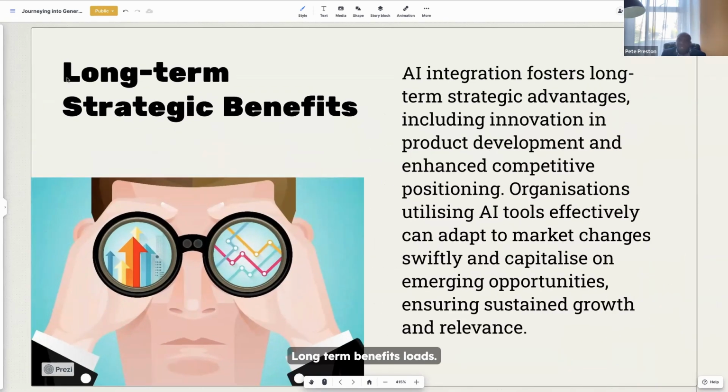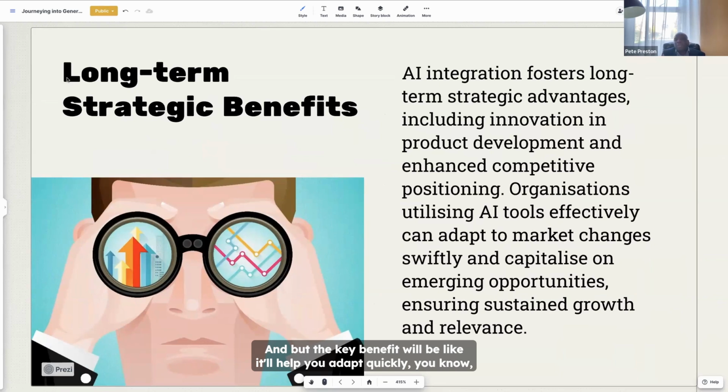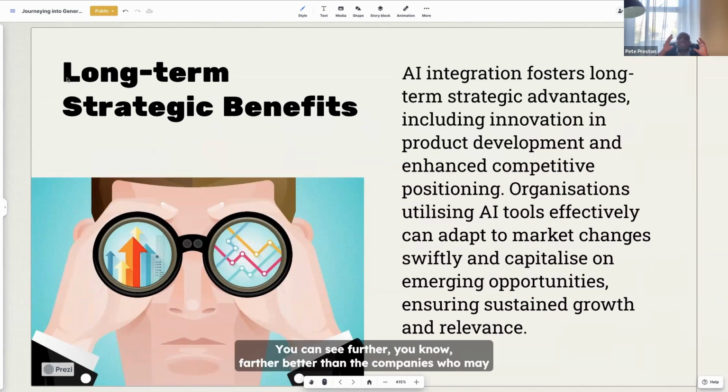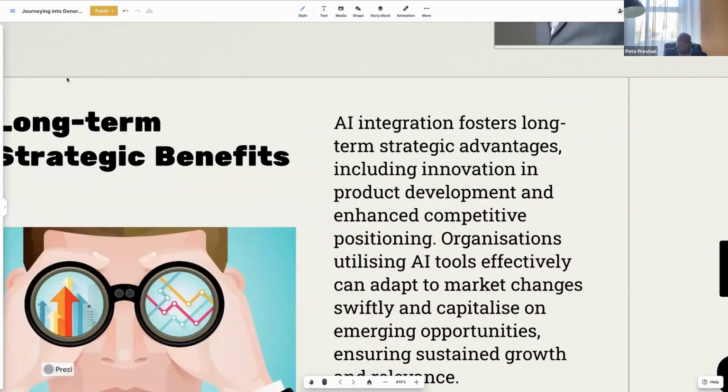Long-term benefits, loads. Like I said, this is not going away, so it's going to be there. But the key benefit will be that it'll help you adapt quickly to all the changes that are coming up in the future. So it gives you that insight. You can see further, better than the companies who may not be using AI.